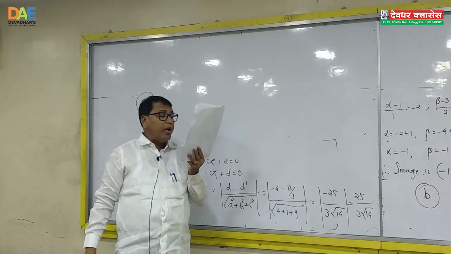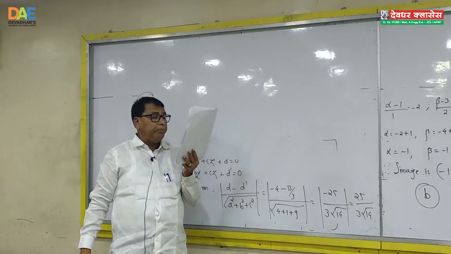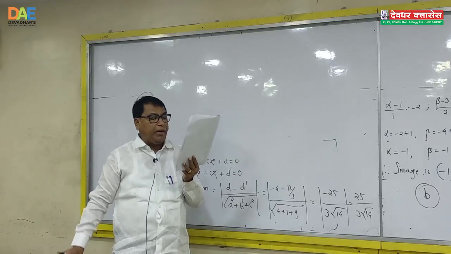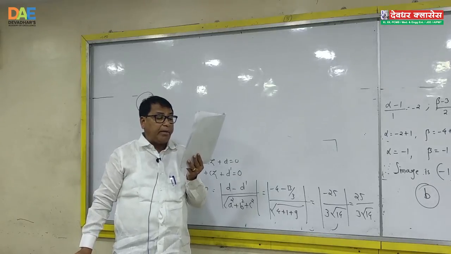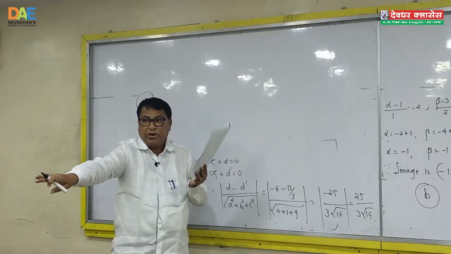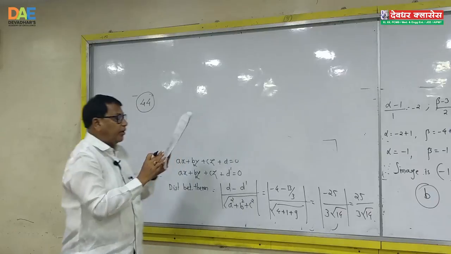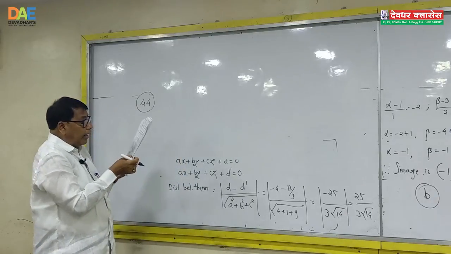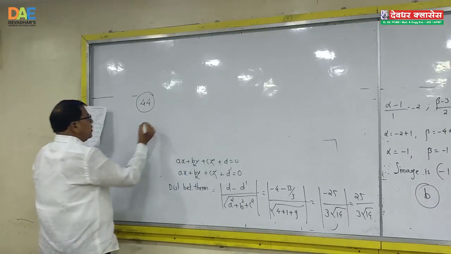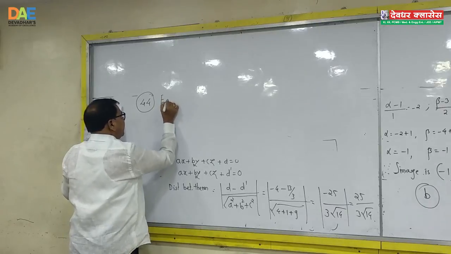That is 2x minus y plus z minus 3 is equal to 0, one plane. 3x plus y plus z minus 5 is equal to 0, also a plane. Two planes, then the two planes intersect to form the line, correct? That's why the equation is given. So we require a plane. So the equation of the plane is given with the help of them.